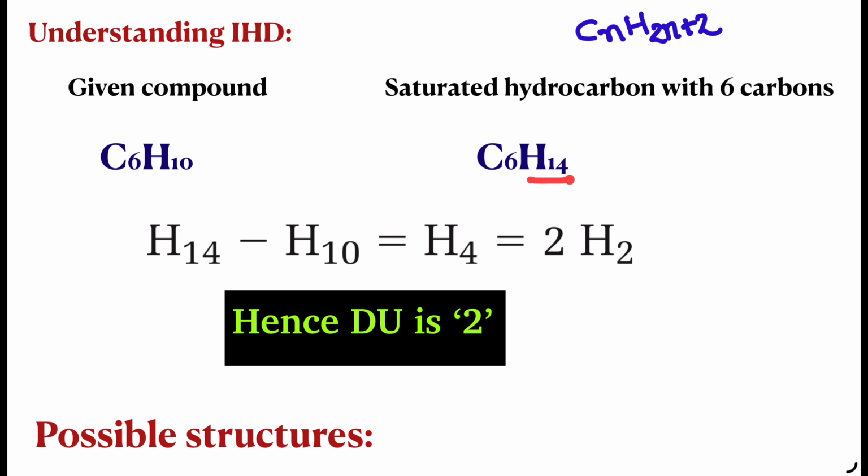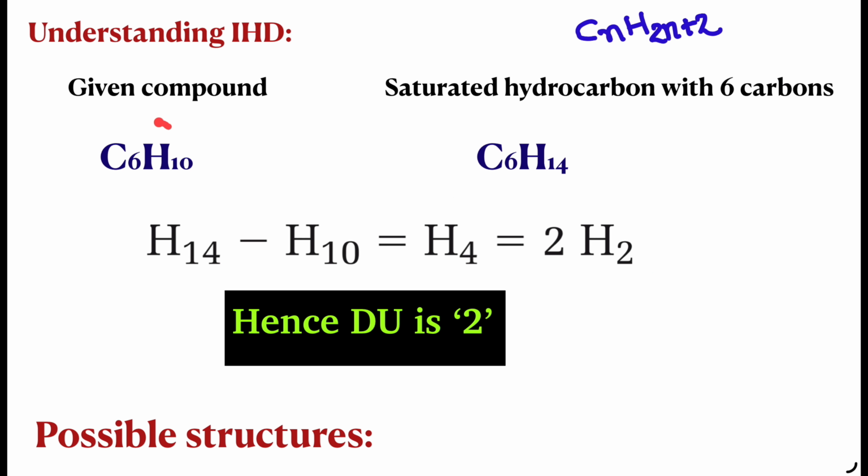Here the saturated hydrocarbon has 14 hydrogens, and the given compound has only 10 hydrogens. Take the difference: totally there is a difference of 4 hydrogens. The difference of 4 hydrogens is nothing but 2 pairs of hydrogens.